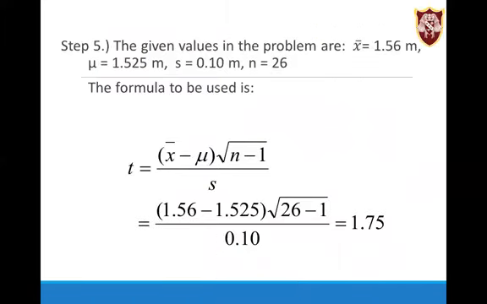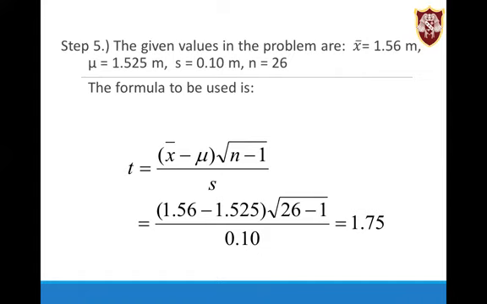So the given values in the problem are the sample mean of 1.56 meters, the population mean of 1.525 meters, standard deviation from the sample is 0.10 meters, and sample size is 26. We use the first formula under the t-test since we are comparing a sample with that of the population.